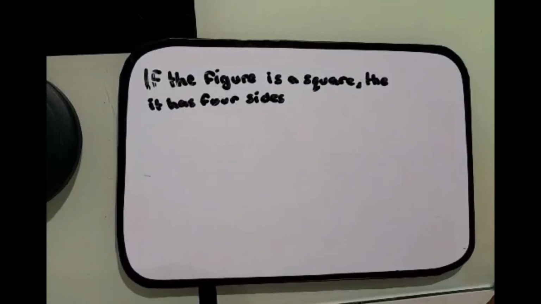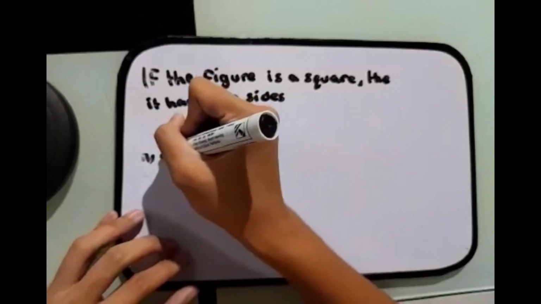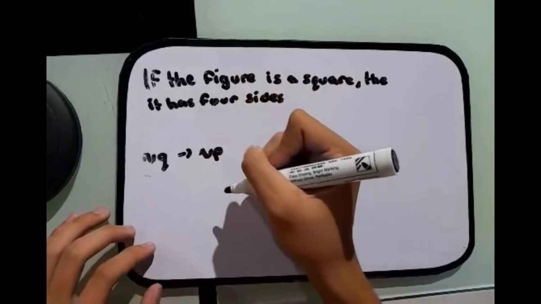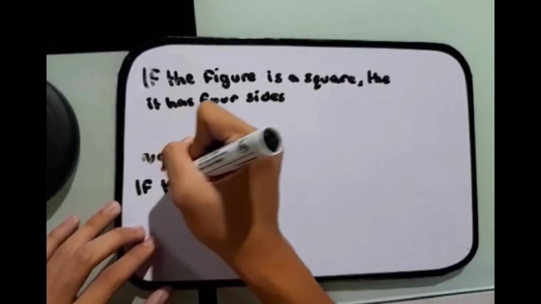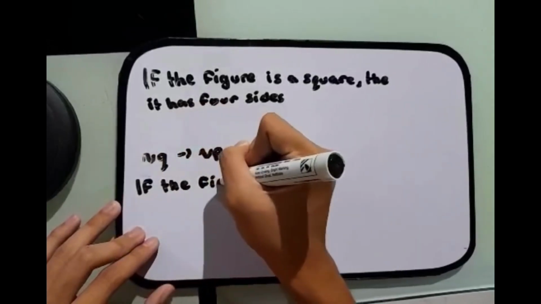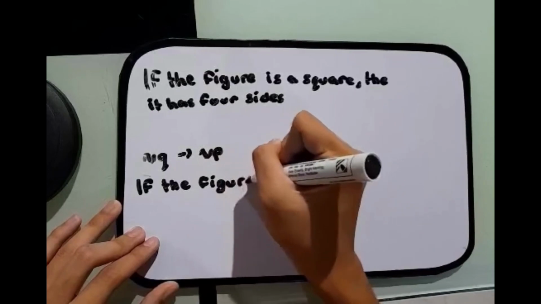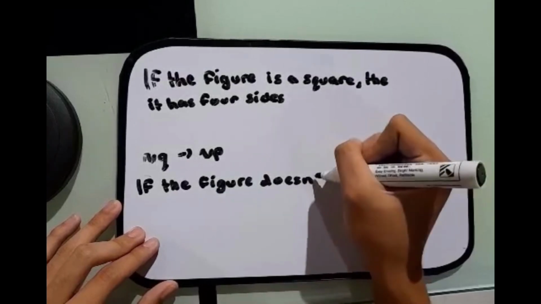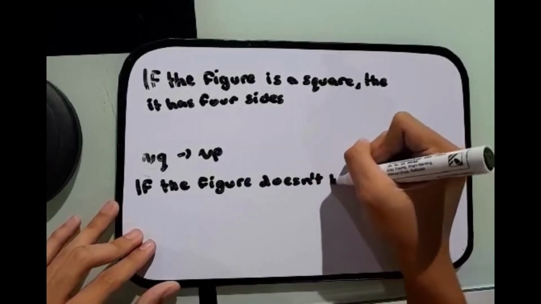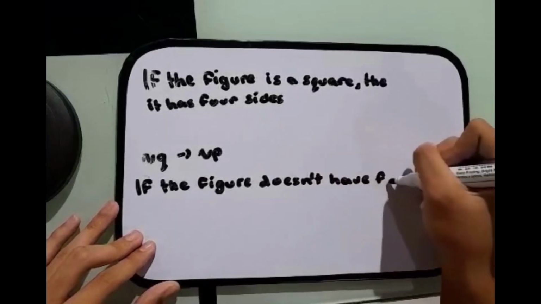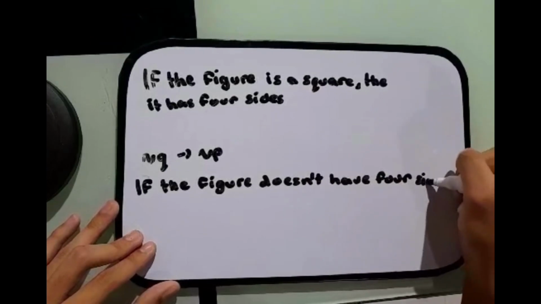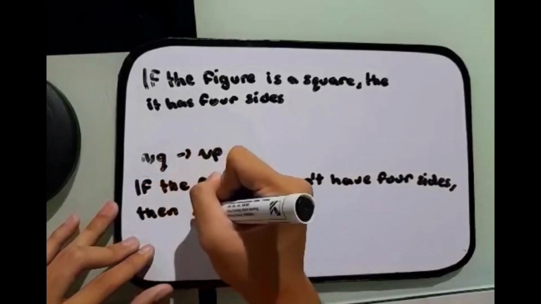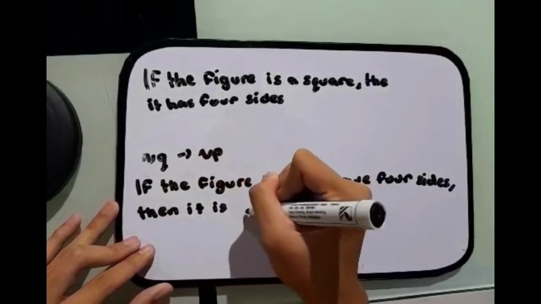Let's turn this into contrapositive statement. If not Q, then not P. If the figure doesn't have four sides, then it is not a square.